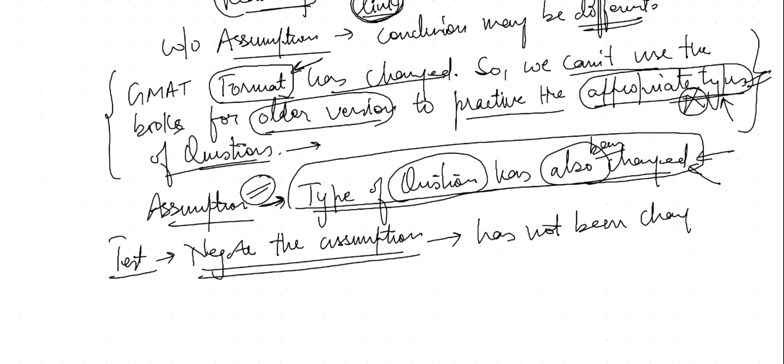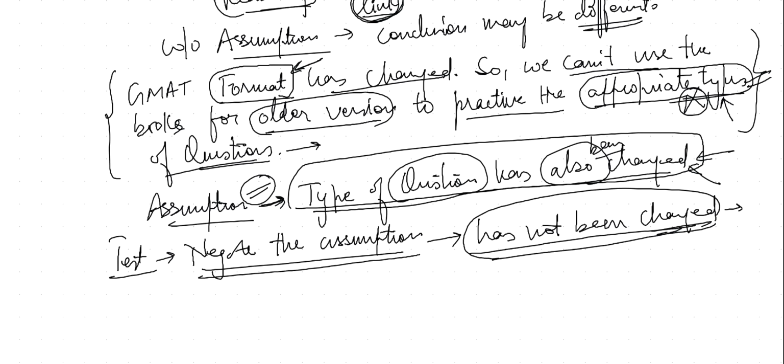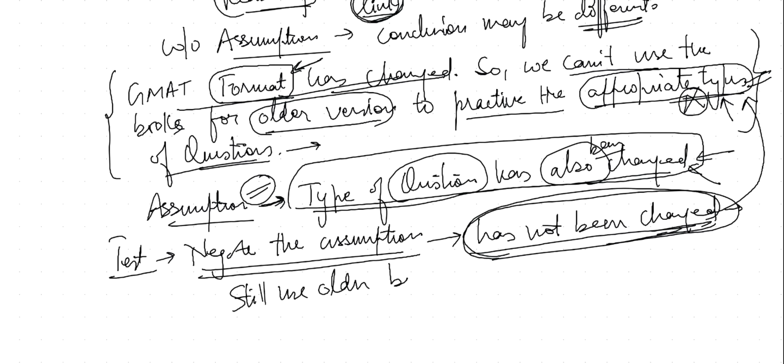With that negation, if we include this information in the argument before making the claim, the conclusion could be different. For example, if you say GMAT format has been changed, but the type of questions has not been changed, then we can still use the older books to practice questions. The conclusion can be changed if we negate the assumption.